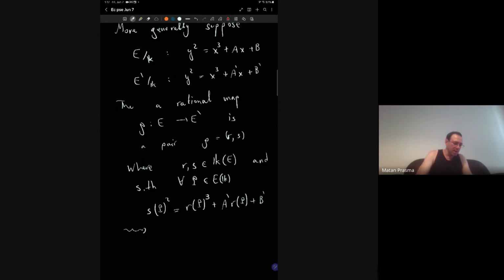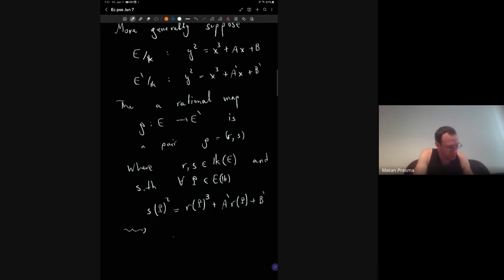And this really means that, with the same convention for the point at infinity, R of O is infinity if and only if S of O is infinity.